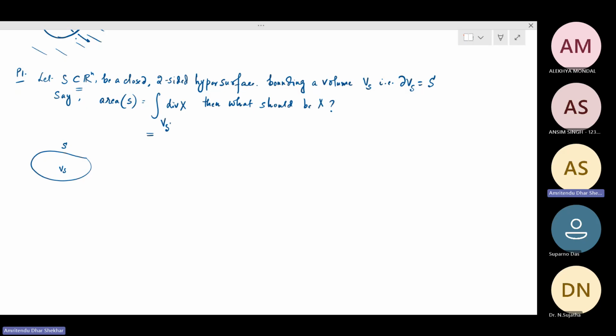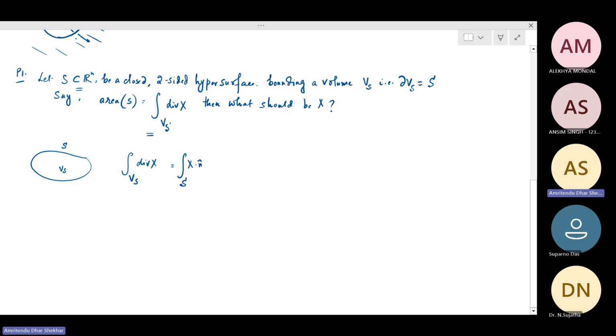Let us see what the divergence theorem tells you. The divergence theorem tells you that the integral of divergence of X over V is equal to the integral of X dot n cap over the surface S.